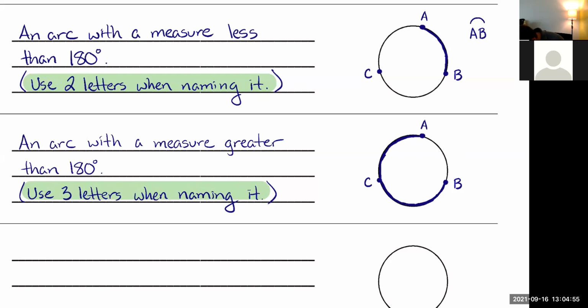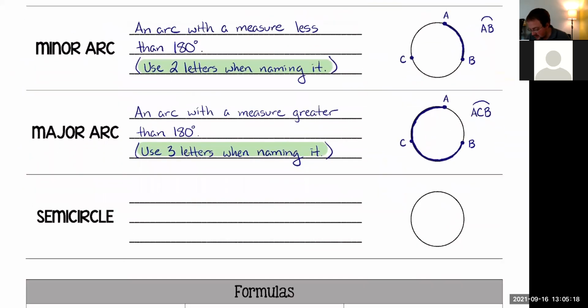Circles are hard. So to name this, to be able to differentiate it from the minor arc right above it, we name it A, C, B. The endpoints are the same. But it goes the opposite direction, giving us a longer path, therefore greater than 180 degrees.